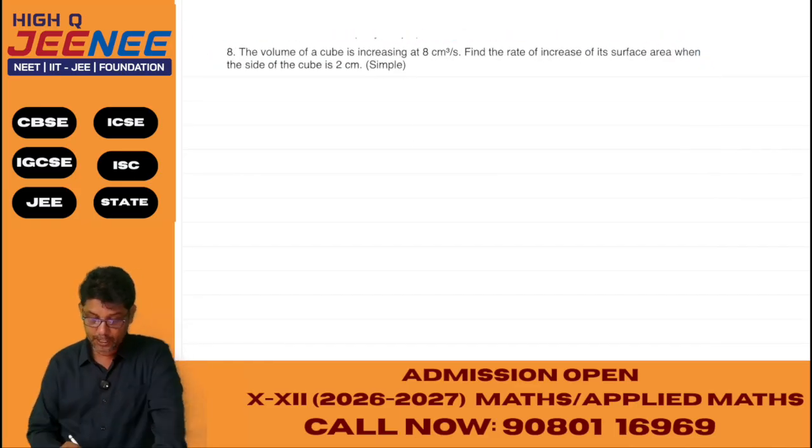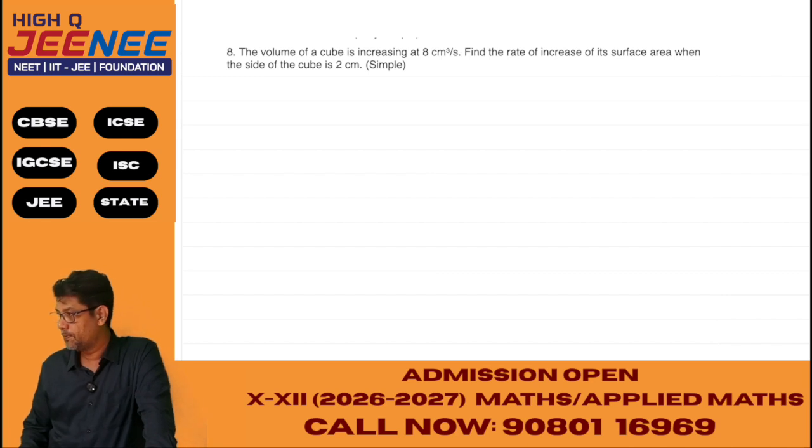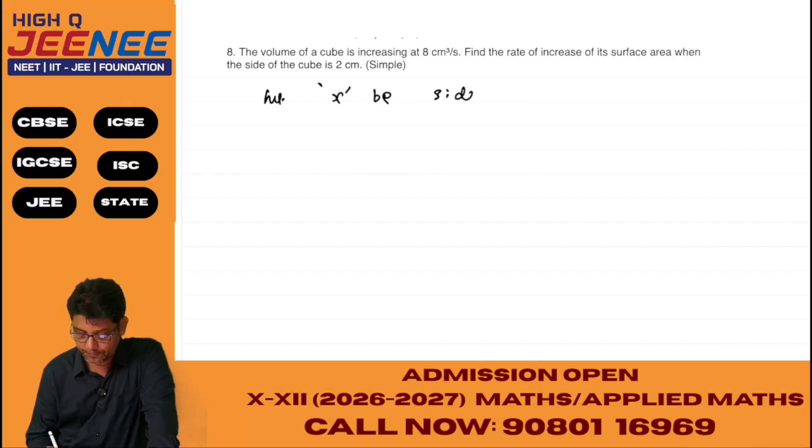Okay. Now listen here. The volume of a cube is increasing at 8 centimeter cube per second. So please write down, let x be side of the cube. Let x be side of a cube. V be its volume.